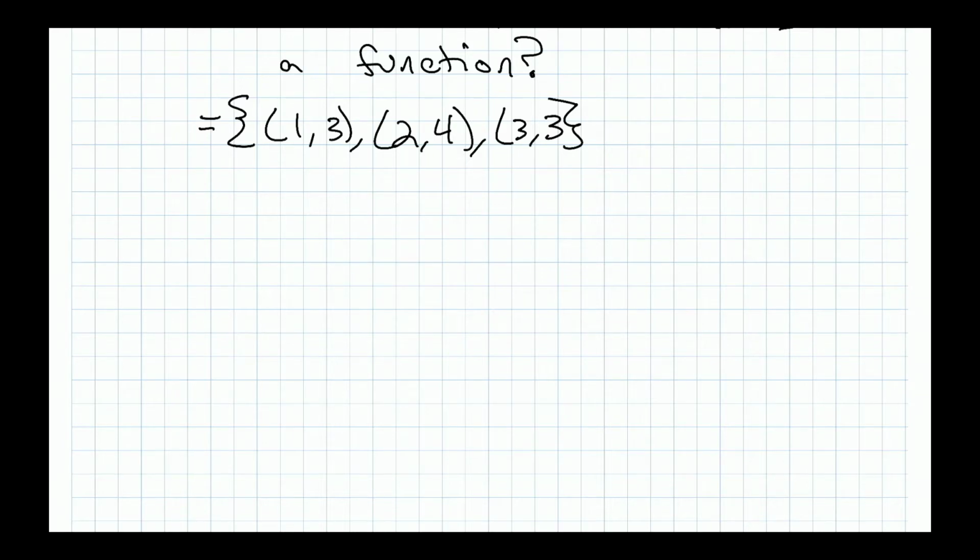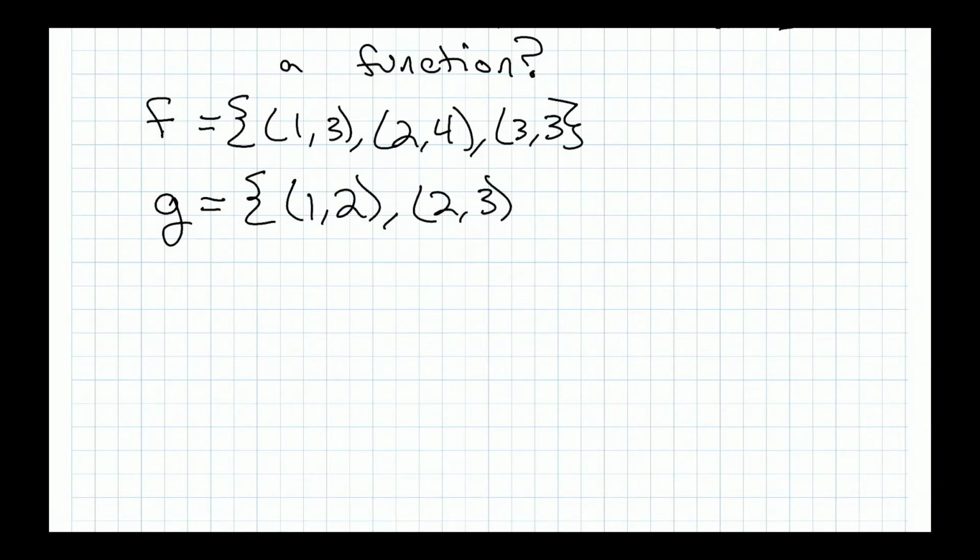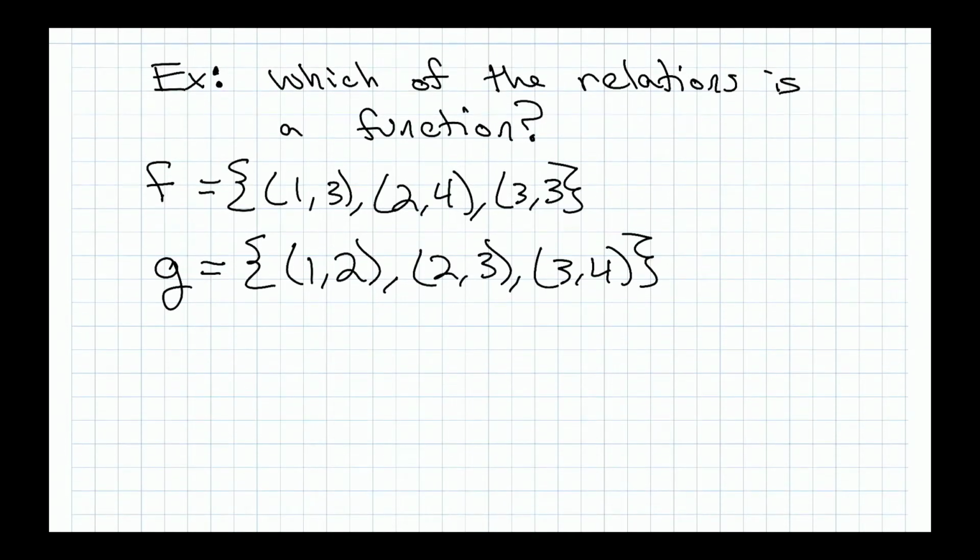And I'll give that a name. I'm gonna call that F. And then I'm gonna do another one. We're gonna call it G. And I'm gonna say 1, 2, 2, 3, 3, 4. There we go. So we have two relations here, okay? And what I'm asking is, which of them is a function?